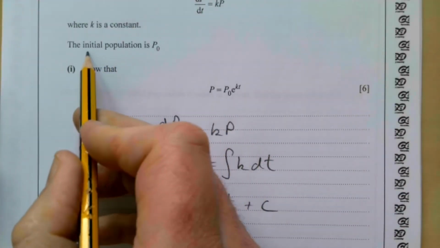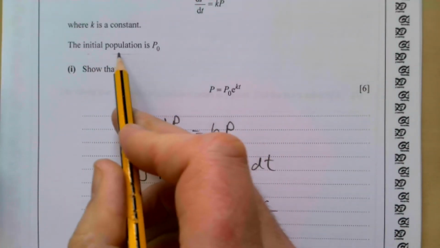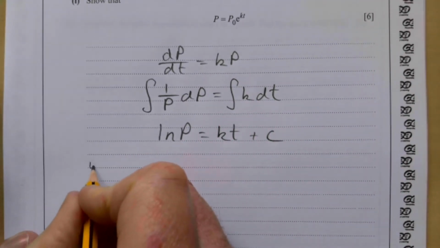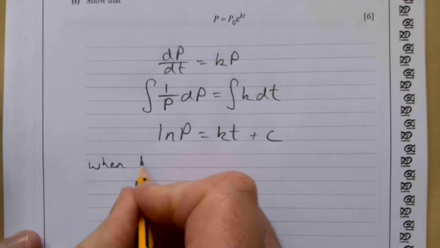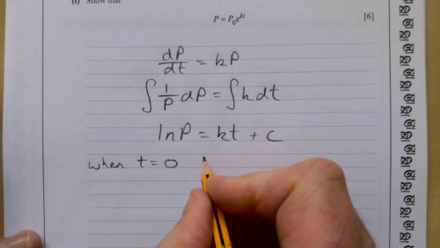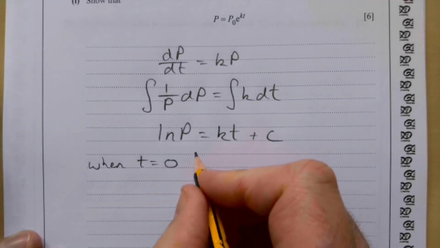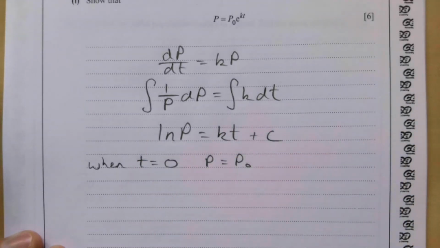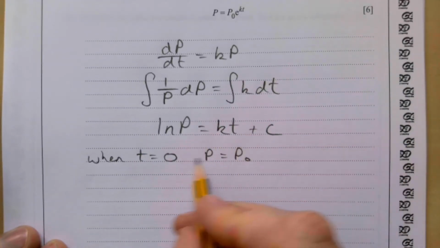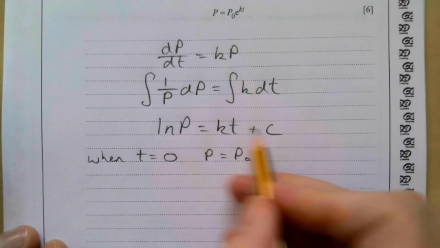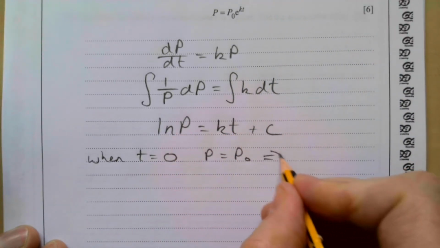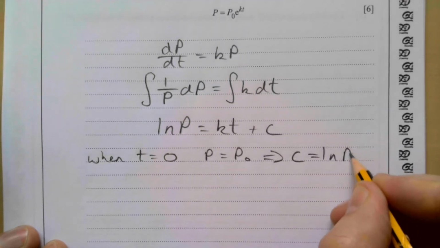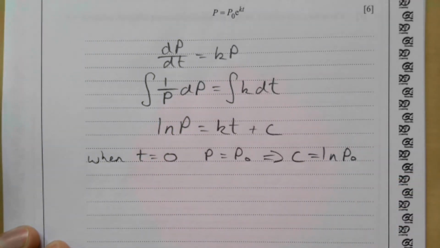Now we're told that the initial population is P0. Initial of course means when t equals 0, the population equals P0. So if I substitute that information in, that means c equals ln P0.